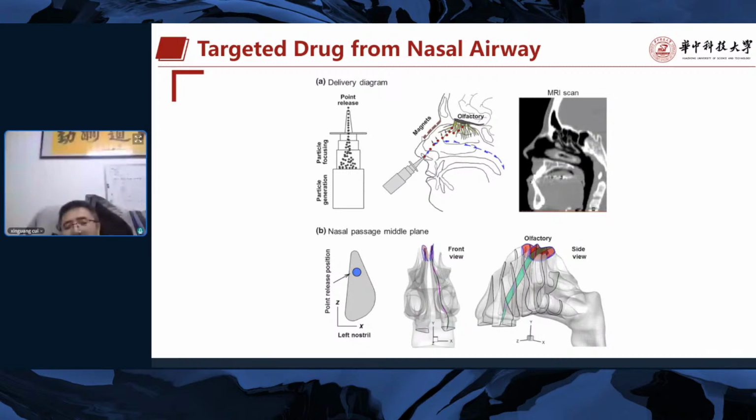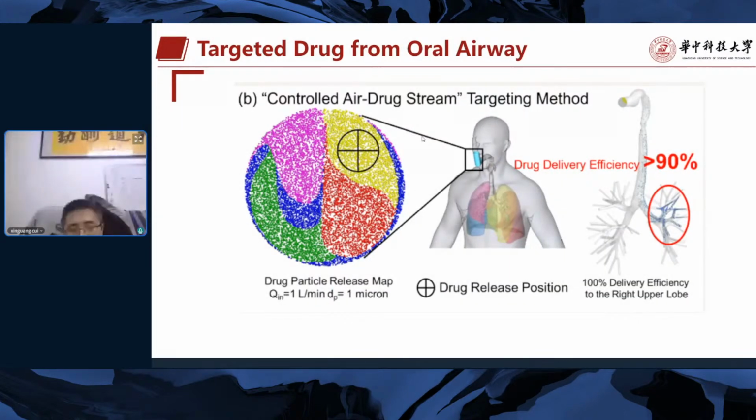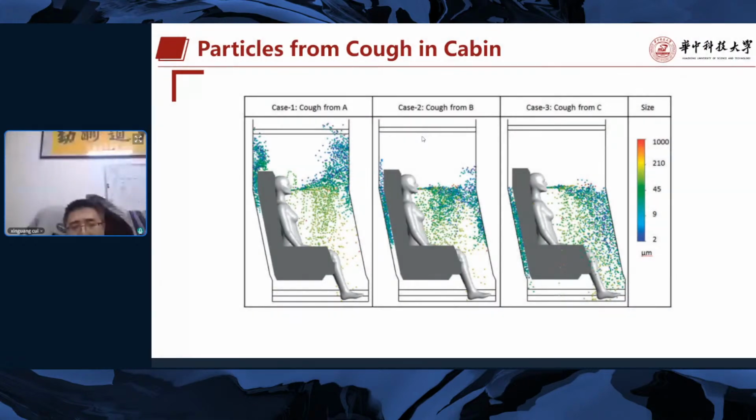Then the particles can be directly absorbed by the blood and by the nerve, and go inside to the brain. We also use this mechanism to control drug particles to be released at a special site.